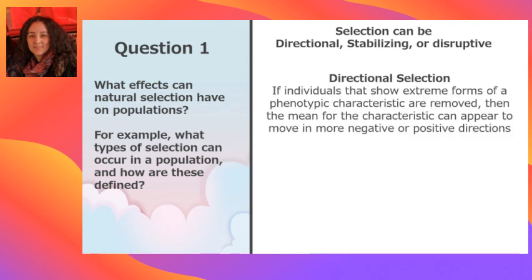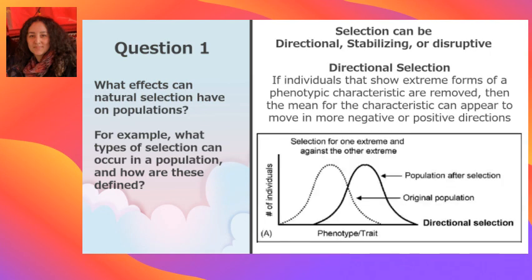So directional selection. If individuals that show extreme forms of a phenotypic characteristic are removed, then the mean for that characteristic can appear to move more negative or more positive. So we've got a graph here, and we've got these extremes on the low end. In this case, just one of them is being acted on.